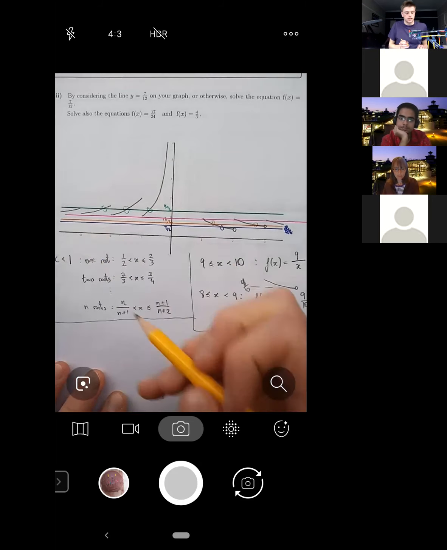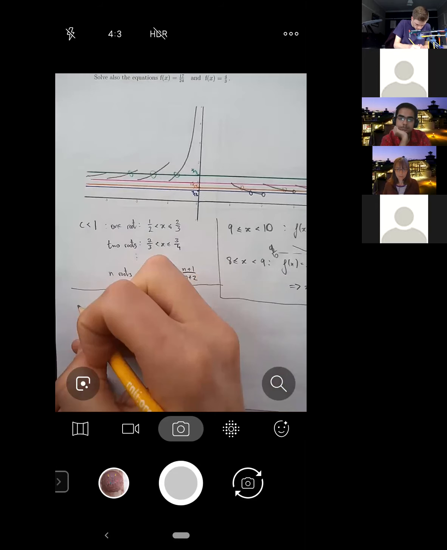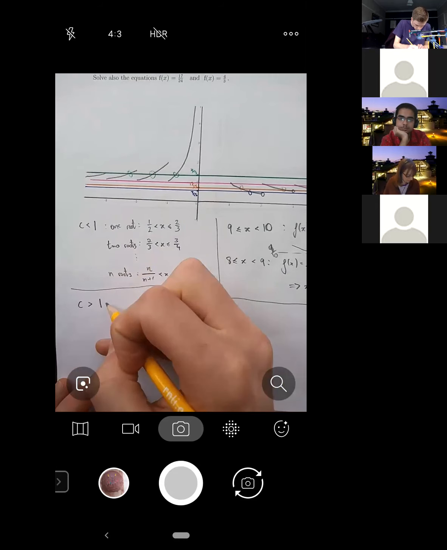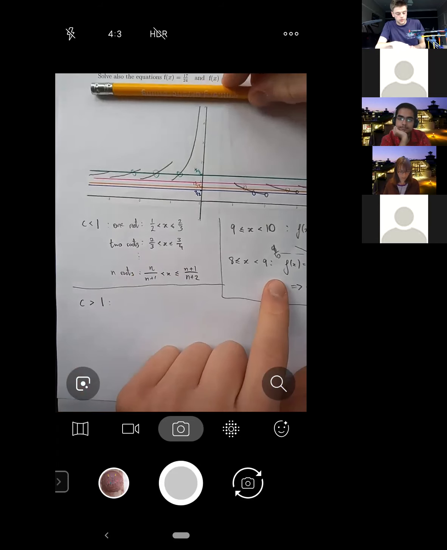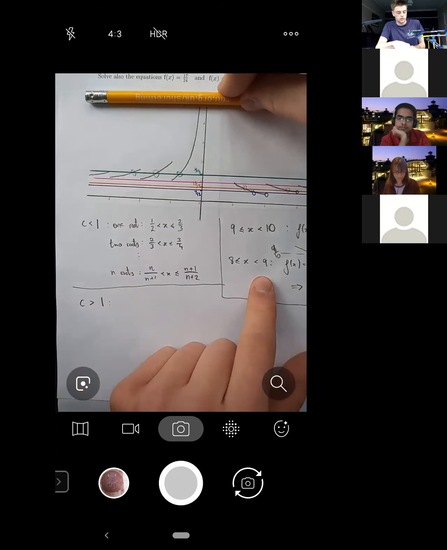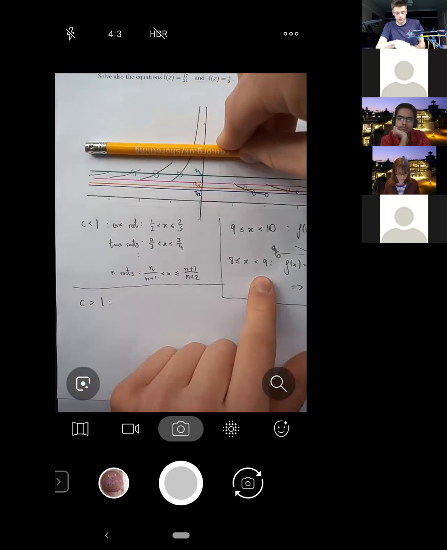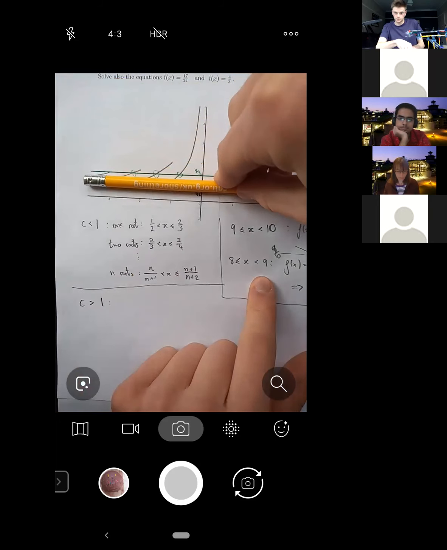Okay, fine, so that's for c less than 1. What about c greater than 1? Well, it's a similar sort of scenario. We're moving our line down like this, and we're going to hit 1 root, then 2, then 3, then 4, then 5, then 6, and 7.